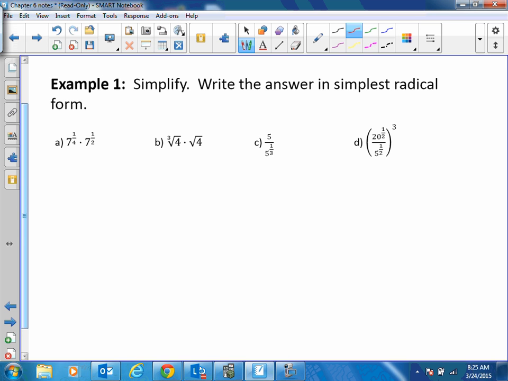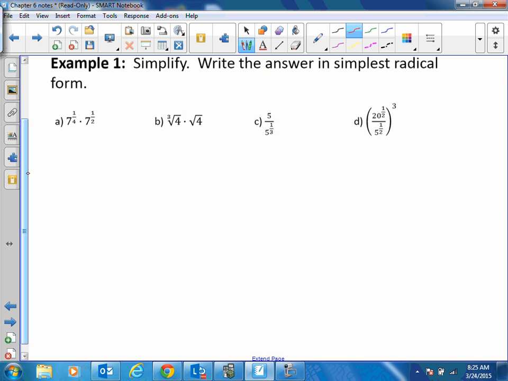First it says simplify. Write the answer in simplest radical form. The first thing we're going to do is use our properties, which you had on your paper. Obviously, they show up here. The first one is when you have the same base and different exponents and you're multiplying, you want to add the exponents. But to add the exponents, we want to change them to have the same denominator.